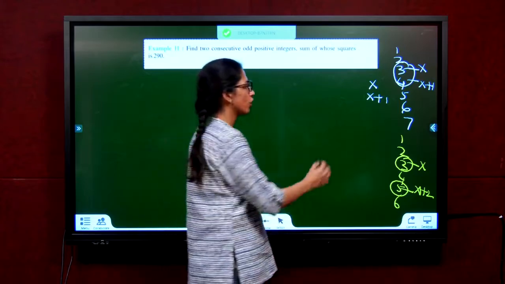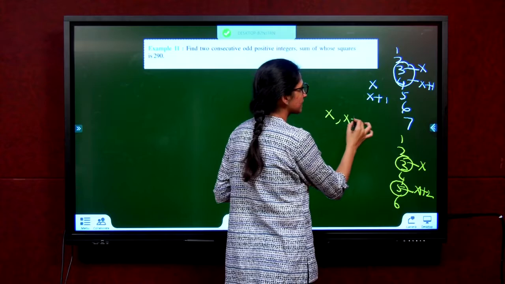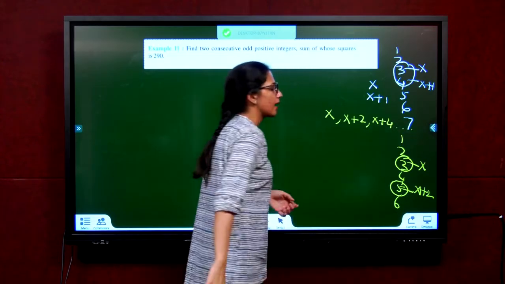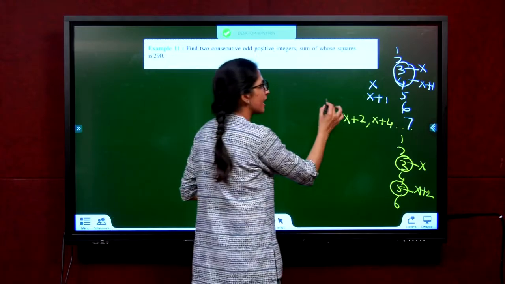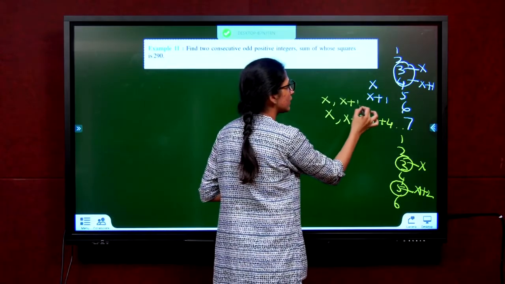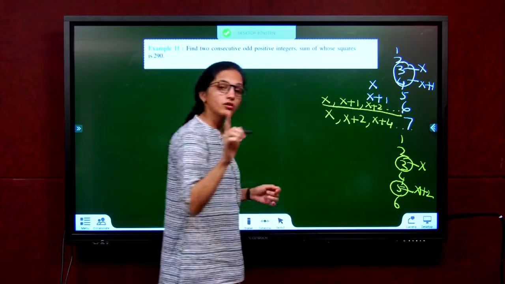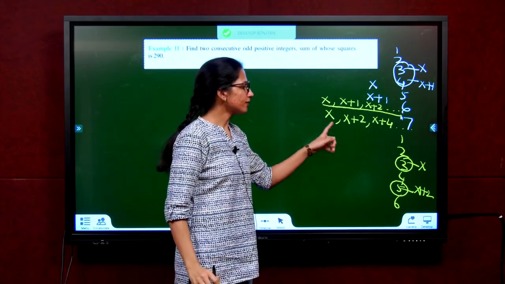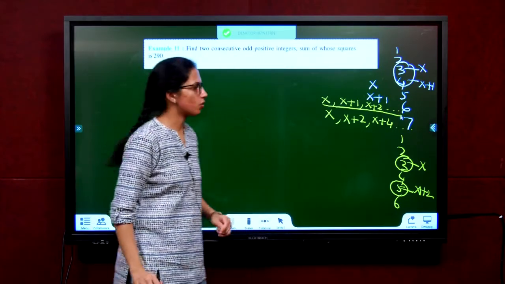Therefore, you can put another note saying that if they ask for consecutive odd integers or consecutive even integers, you should say let the integers be x, x plus 2, x plus 4 and so on. I repeat, if it says consecutive integers, you will take x, x plus 1, x plus 2 and so on. But if they say consecutive odd or even integers, you are supposed to take x, x plus 2, x plus 4 and so on.